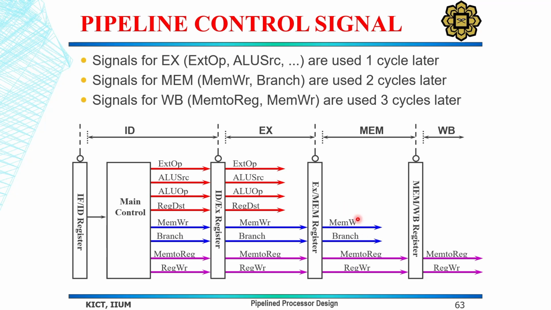For group 3 we have memory to register, which selects data for register write, either the ALU result or the data from memory, and then register write, which enables writing to the register file. So this diagram shows, for each stage and each control signal group, where they are used and what control signals they carry.